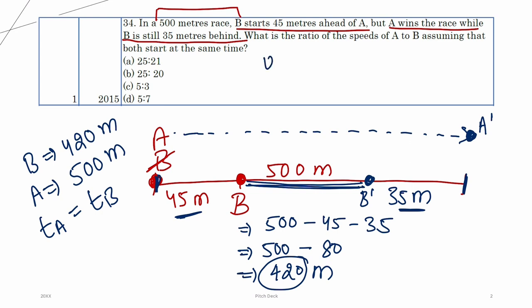So we need to find the ratio of speed. What is the speed of A?